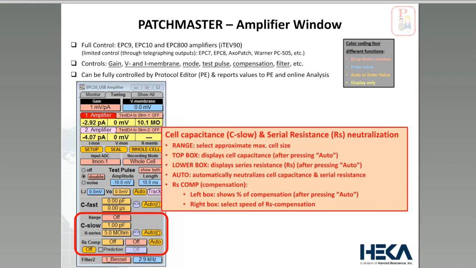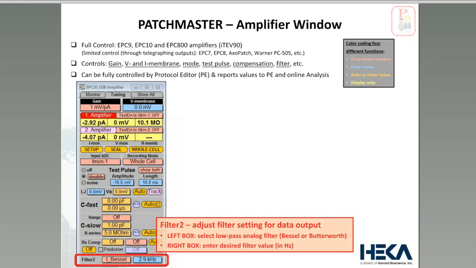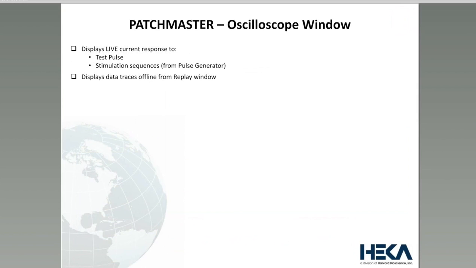Underneath it is the area for cell capacitance and series resistance compensation. Again, later during the live demonstration, we will use it in more detail. And then the last part is, of course, to set the filter frequency of your recording. This brings me to the oscilloscope window. Two things I would like you to remember here.